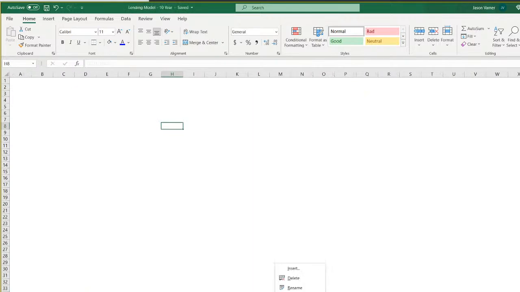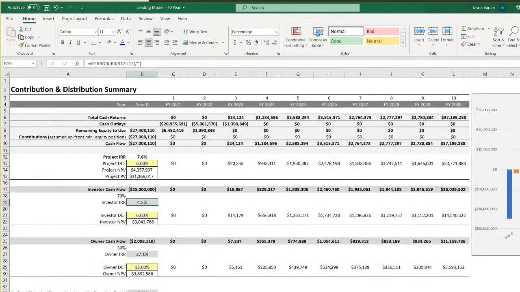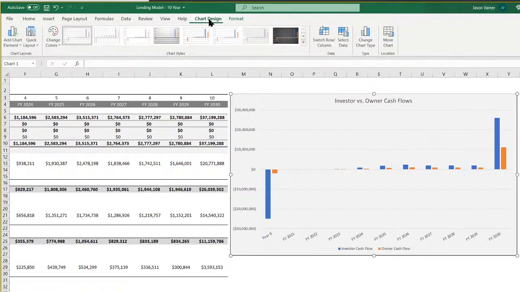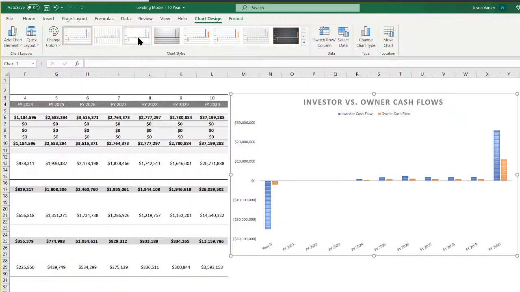Man, I'm really excited about this model. It's really, really awesome. Okay, to match that color. Now, let's get this chart formatted. What looks the best?